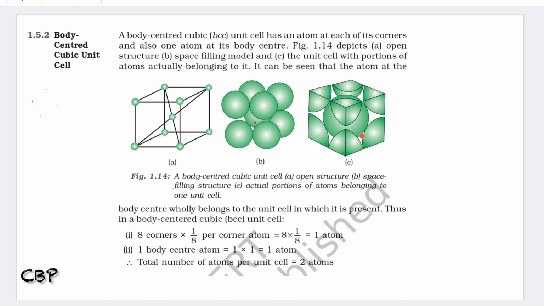Now this shows the actual portions of the atoms that actually belong to the unit cell. These are the corners, 1 2 3 4 5 6, the 7th one is not visible, this is the 8th one, and this is body centered.